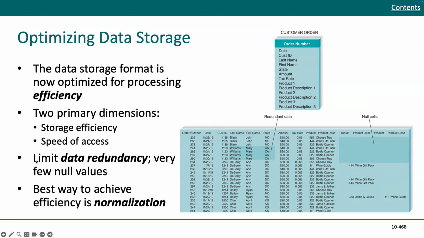We want to consider limiting data redundancy, so there are very few null values within our collection of data, and we want to consider the best way to achieve efficiency, and that's where we look at normalization.